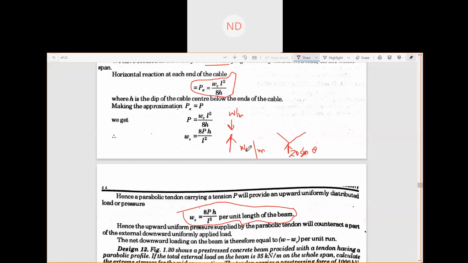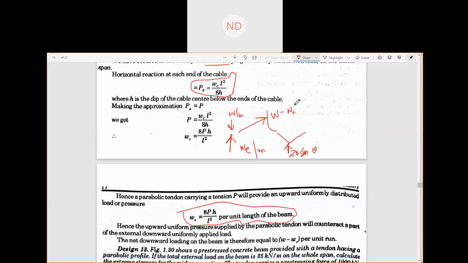This is going to counterbalance this load, and the remaining load, which is your W minus WC, the total downward load minus the upward load, will be acting now on your beam.